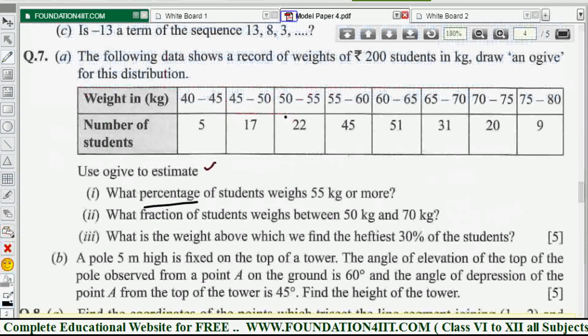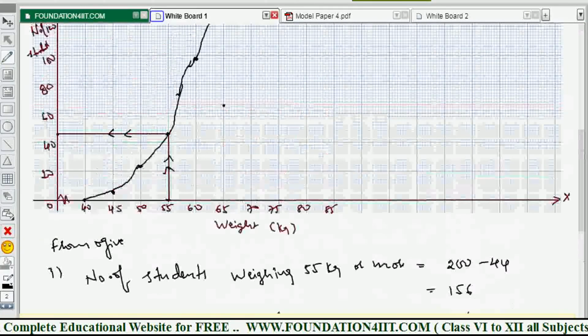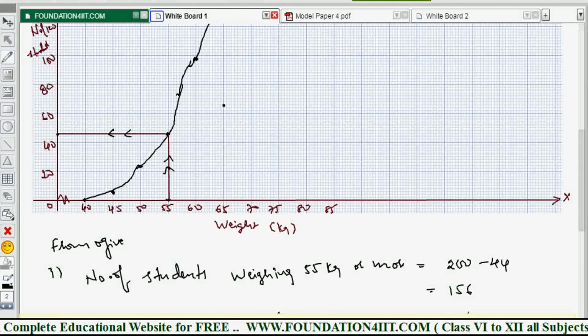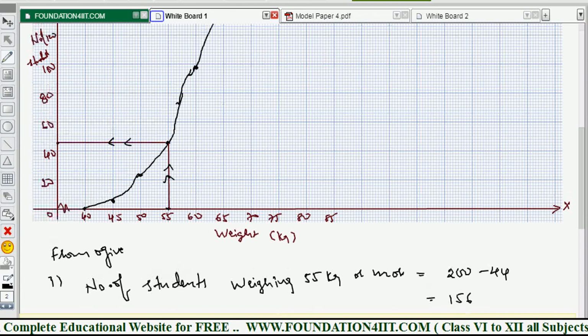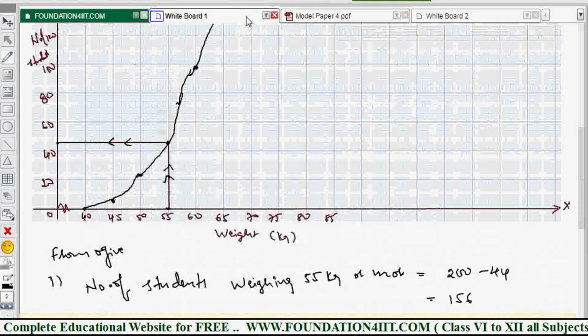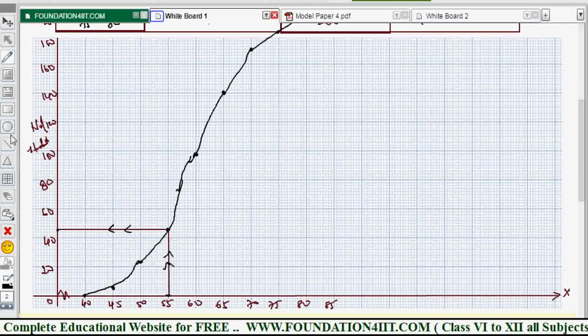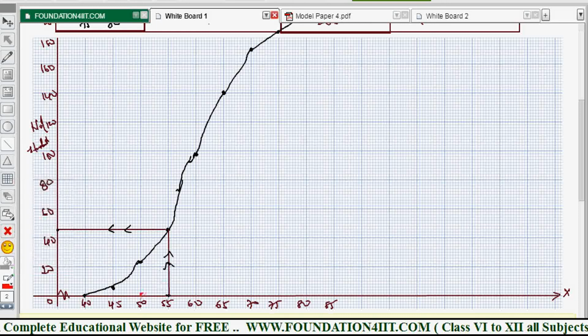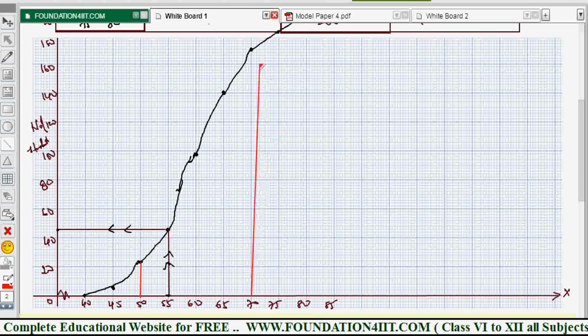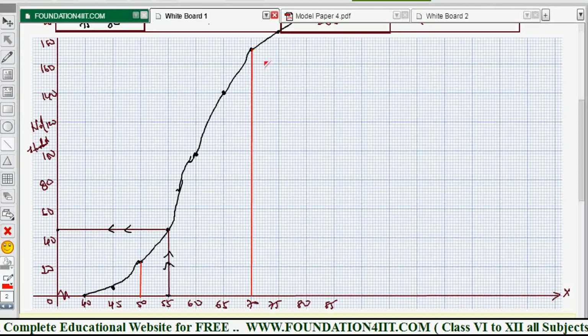Next one: find the fraction of students whose weights are between 50 kg and 70 kg. From 50 and 70 also we will take the lines from the graph. From 50 take a straight line, and from 70 also take a straight line, towards the y-axis.